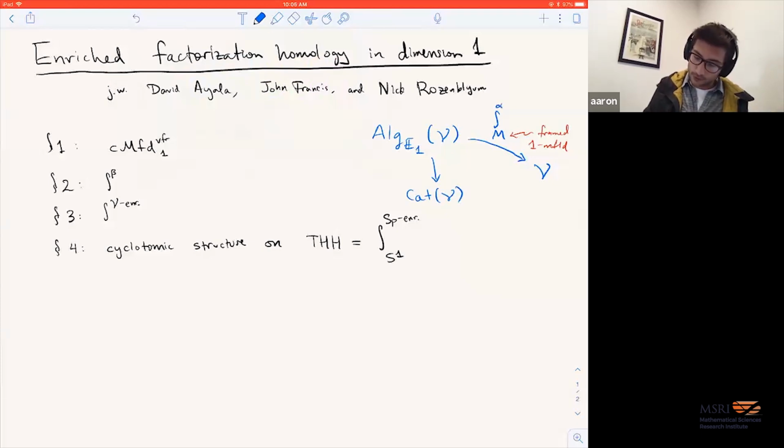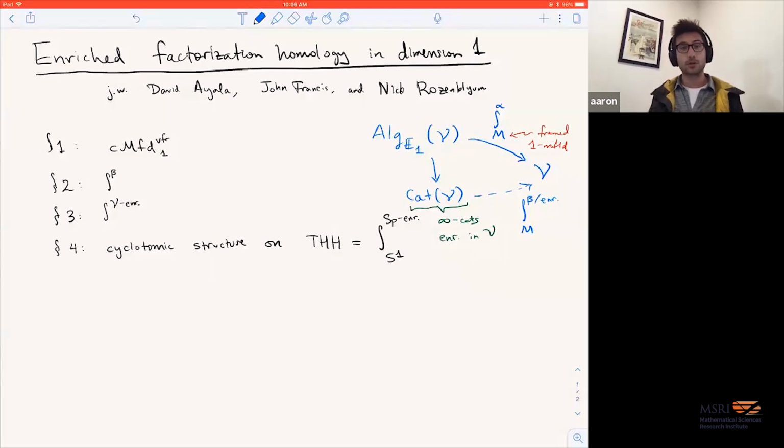So I'll refer to this as factorization homology alpha, and Cat of V. This, as I'll explain, is infinity categories enriched in V. In the same way, you can consider an E1 algebra as such a thing that has one object. And so what I'll talk about today is an extension, which is called factorization homology beta, slash enriched. Enriched is yet more general.